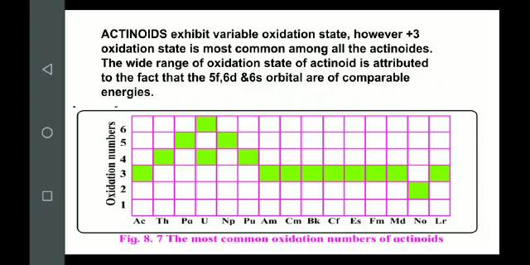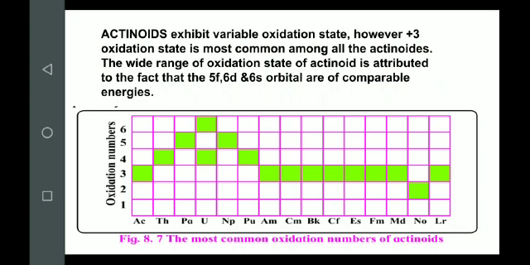Now why is this happening? Why are we observing such a wide range of variable oxidation states? The reason is that the 5f, 6d and 6s orbitals have similar energy. It is not 6s, actually it is 7s. Sorry, it is written wrong here. The 5f, 6d and 7s orbitals are of comparable energies, which means their energies are quite similar.